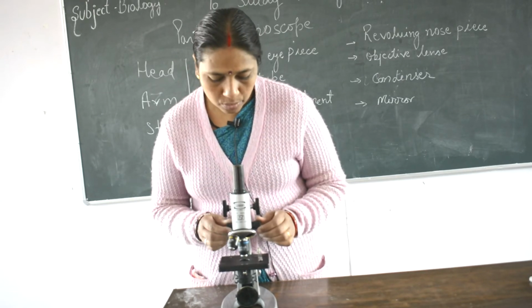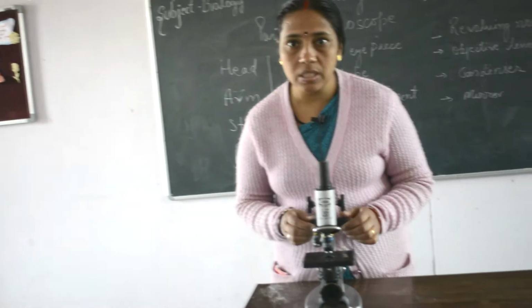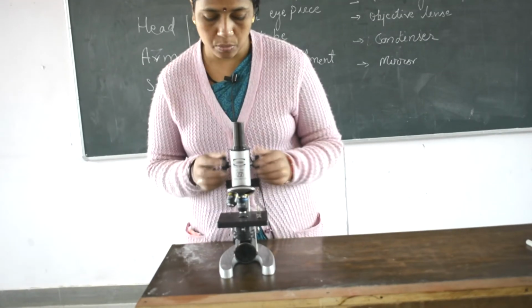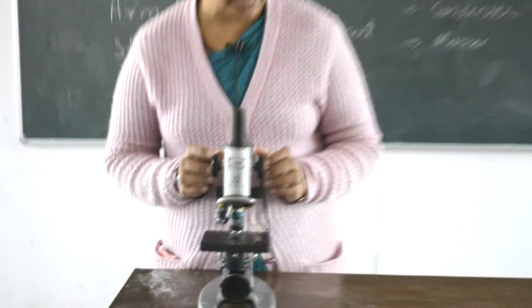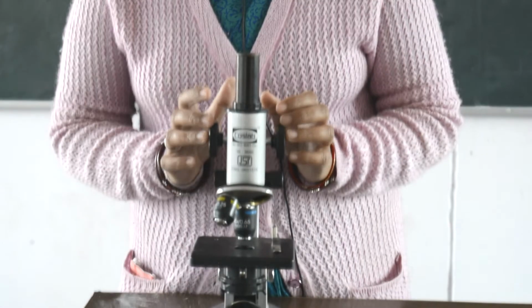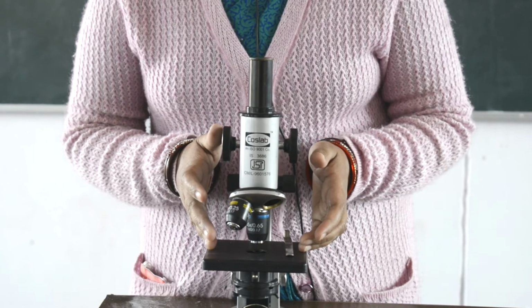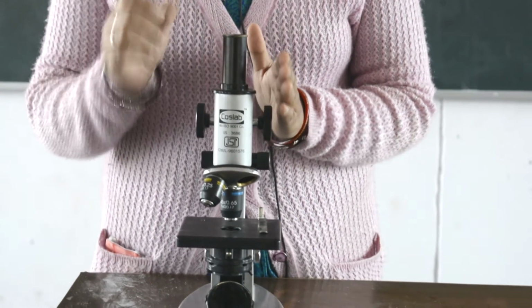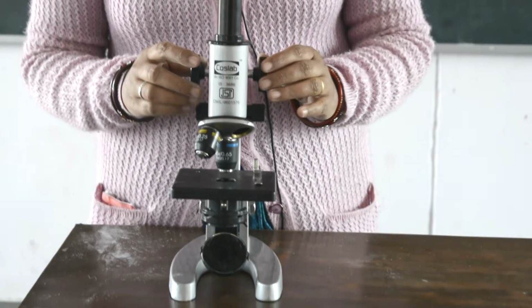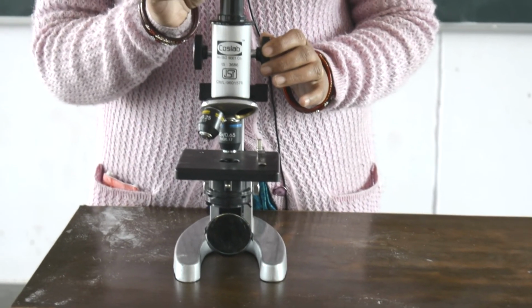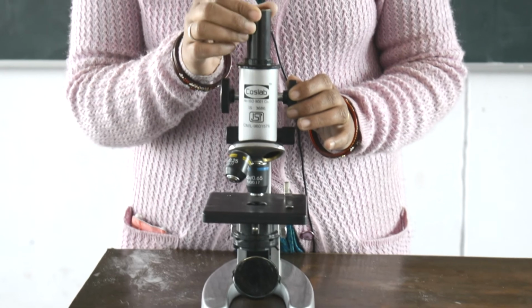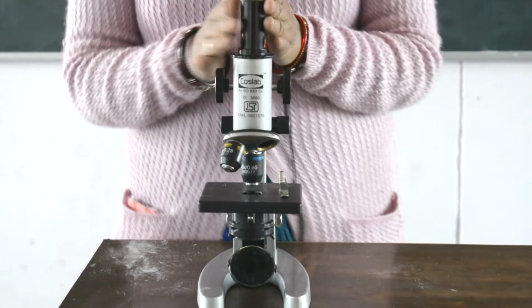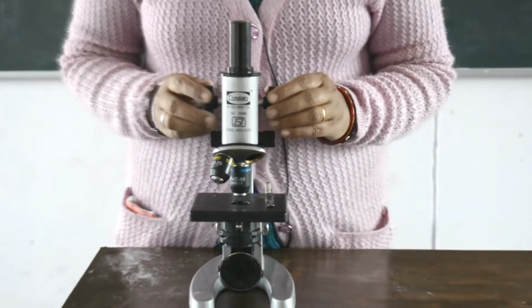So these two are the most important parts of the microscope which help us see the objects. As we all know, the microscope is used to see microscopic organisms. With the help of the magnifications, eyepiece, nose piece and lenses, we see the microscopic organisms.